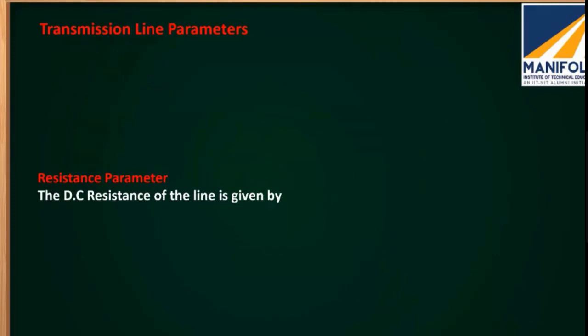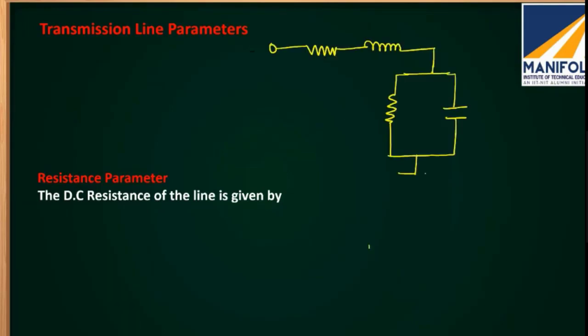So let us discuss skin effect and close for today. The next topic is transmission line parameters. There are 4 transmission line parameters, 2 series parameters and 2 shunt parameters. This is the conductor phase and this is the ground or neutral.